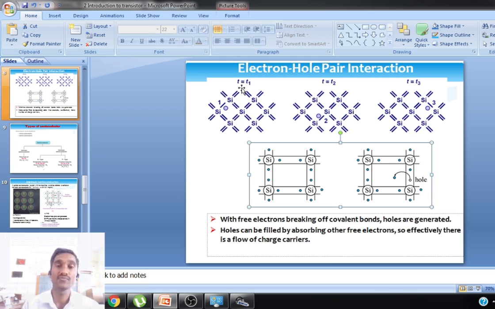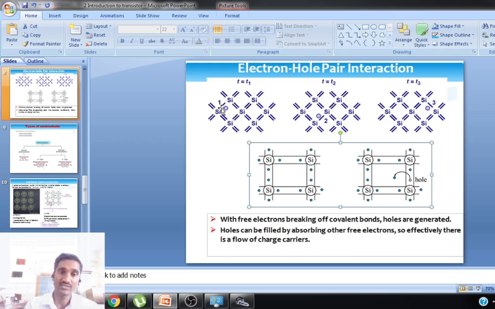Again we can look at this over time. Consider time t equal to 1. There is one hole, meaning a deficiency of one electron. There is a need for one electron to complete the covalent bond between this silicon and this silicon.